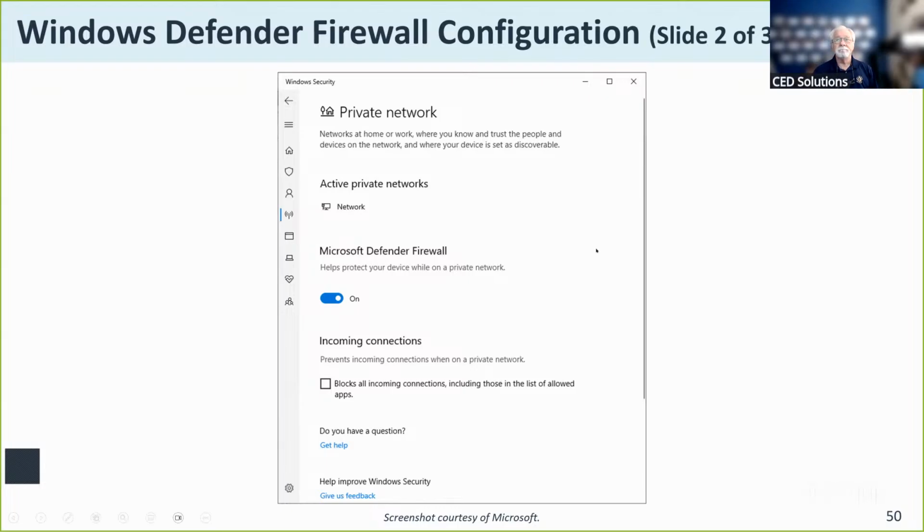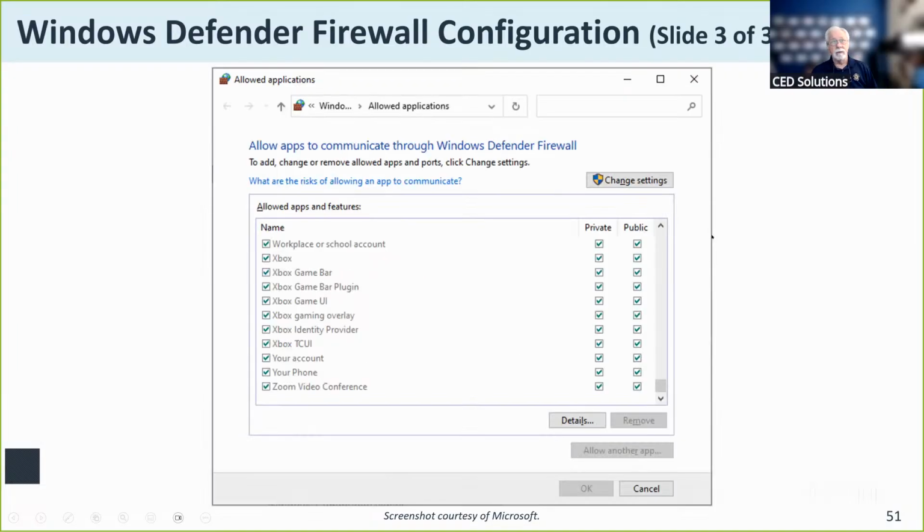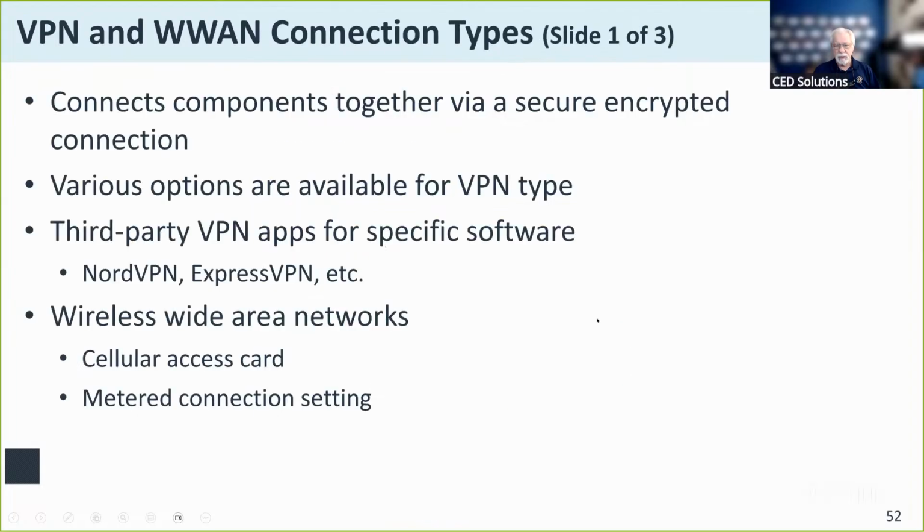Implicit deny, they call it. That's how the Windows Defender firewall is set up in the private portion of your network. You can do it at the application level, your account, your applications, your system in general. You can either allow or disallow communication based upon these further defined rules to the private portion of the network, public network, discoverability, things like that. You define all of that in your Windows firewall setup.